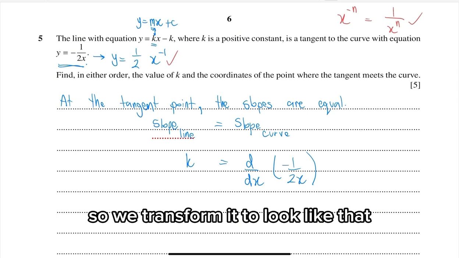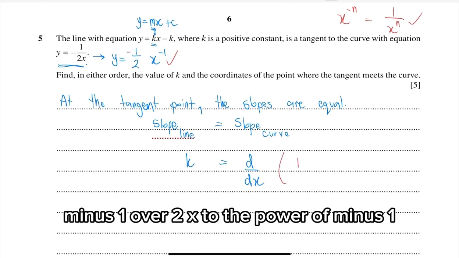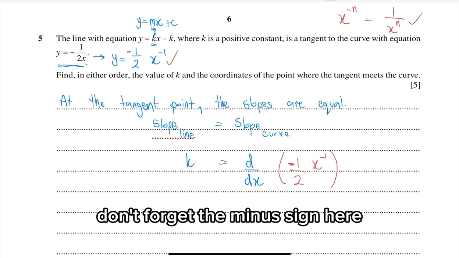So we transform it to look like that: minus 1 over 2 x to the power of minus 1. Don't forget the minus sign here.